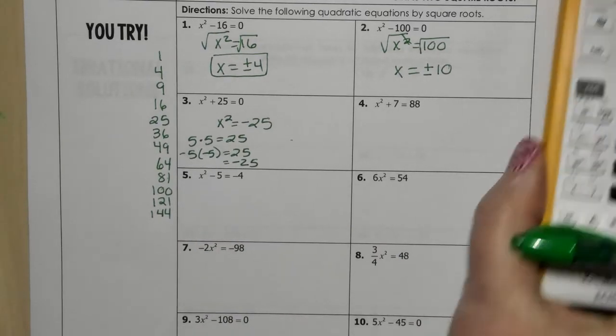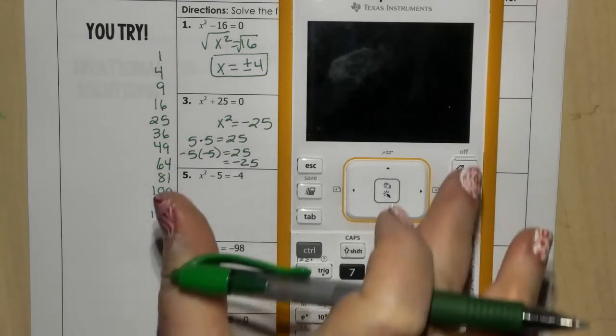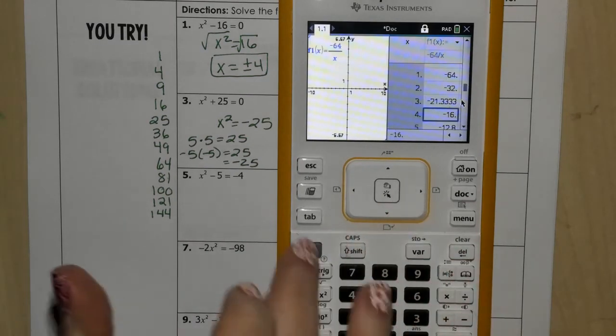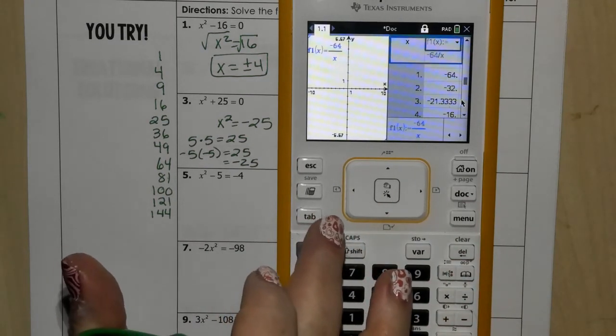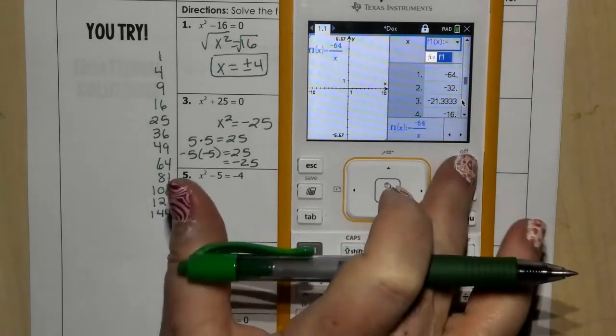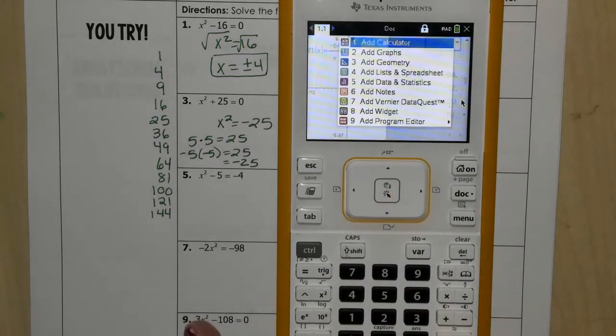So if we were to graph this, I never remember how to switch out of the graph. Let's just start over. I guess I need to learn how to do that. Add a graph.